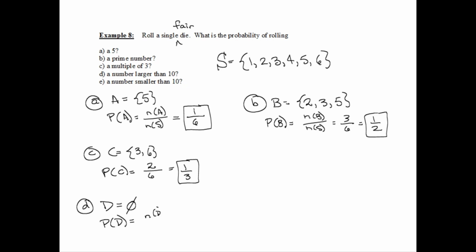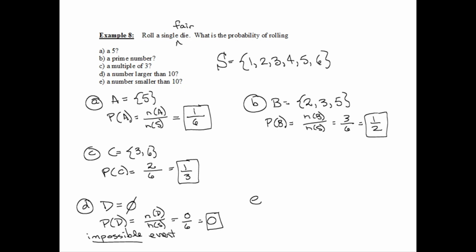The number of elements in D divided by the number in the sample space, so this will be 0/6, or just 0. Okay, you don't really have to do any calculations to come up with that. We already know that it is an impossible event to get a number larger than 10 when we roll a single standard die.